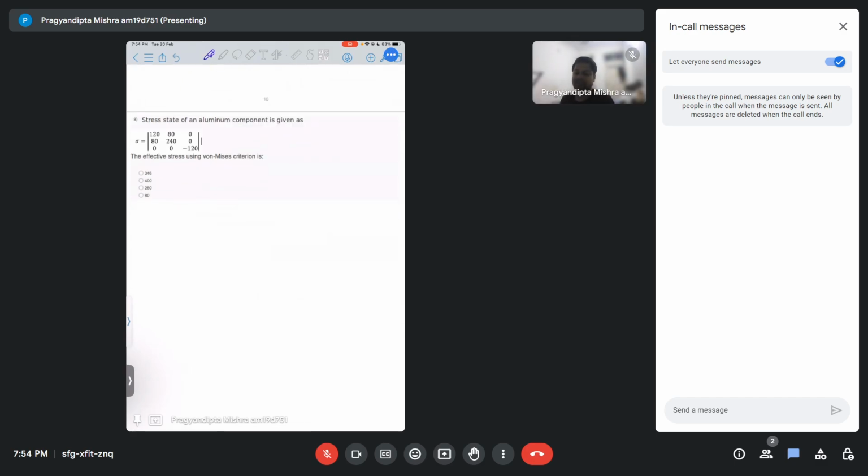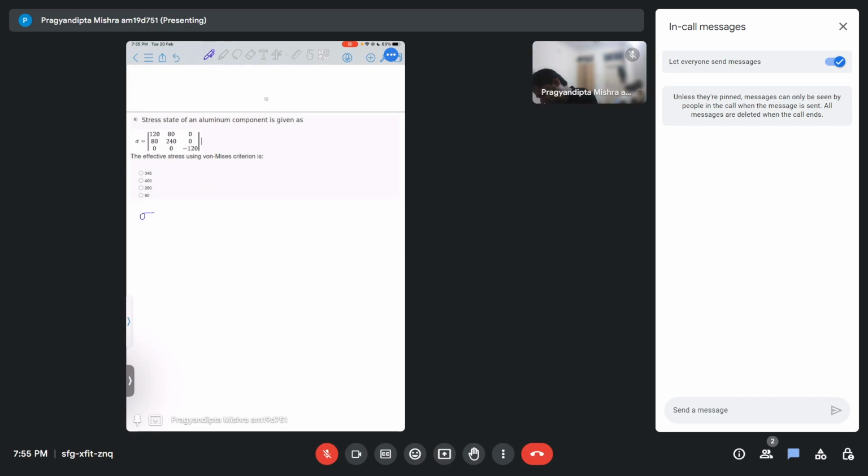Next question. They are telling us to find the effective stress state. They are giving us a stress state for an aluminium component, and they are asking us to find the effective stress using von Mises criteria. Okay. Again, all the stress values are given to us.